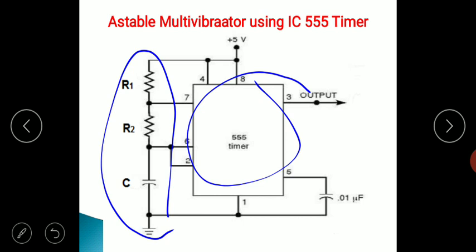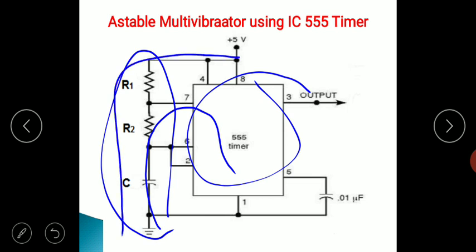So in simple words, you should remember: whenever supply is given, the capacitor starts discharging through resistor R2 and the discharging transistor through pin number 7. The discharge time is given by 0.693 into R2 into C. And when the discharging voltage falls below 1/3 of VCC, the upper comparator will turn on and the capacitor goes on charging through R1 plus R2, and the charging time interval, that is T on, is given by 0.693 into (R1 plus R2) into C. That is the very important thing that you have to remember.